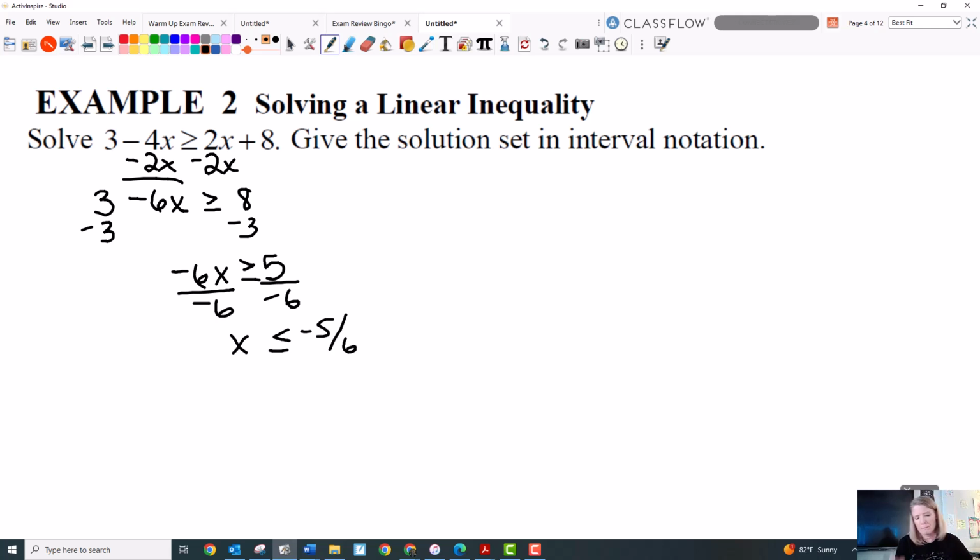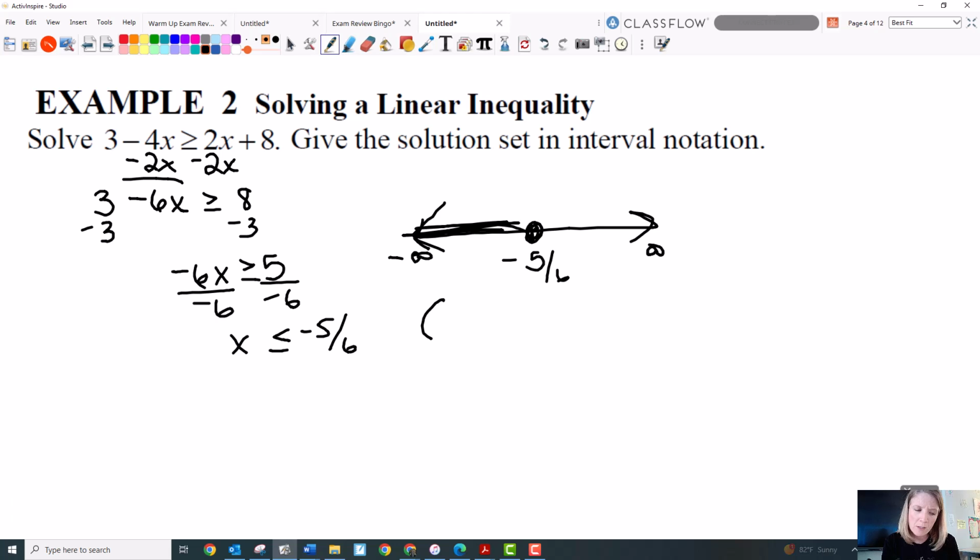So x is less than or equal to negative 5/6. It did not ask me to graph it, but I'm going to show you what that would look like. It's going this way. If I were to bring that down, that's negative infinity, positive infinity. If you look at what's highlighted, it's negative infinity, comma, negative 5/6 bracket.